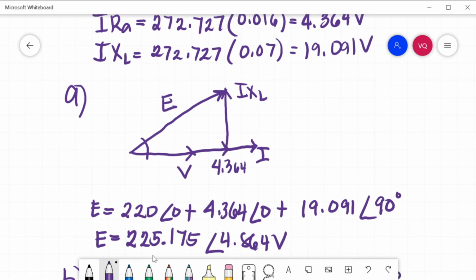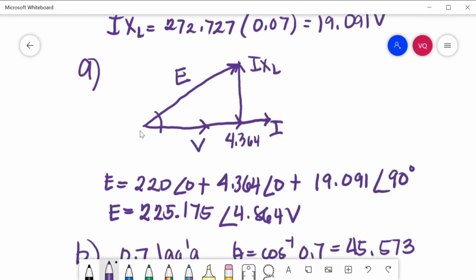So you will get the magnitude and direction. If you use the Pythagorean theorem, you will only get the magnitude. So E is equal to 225.175 angle 4.864 volts. This 4.864 is the angle between our reference and the induced EMF.